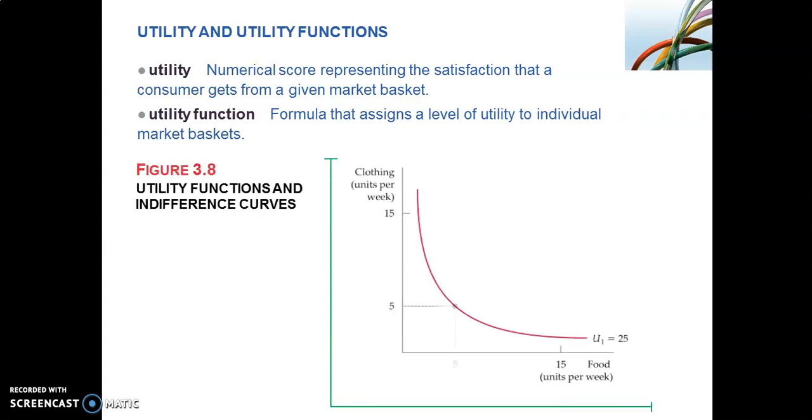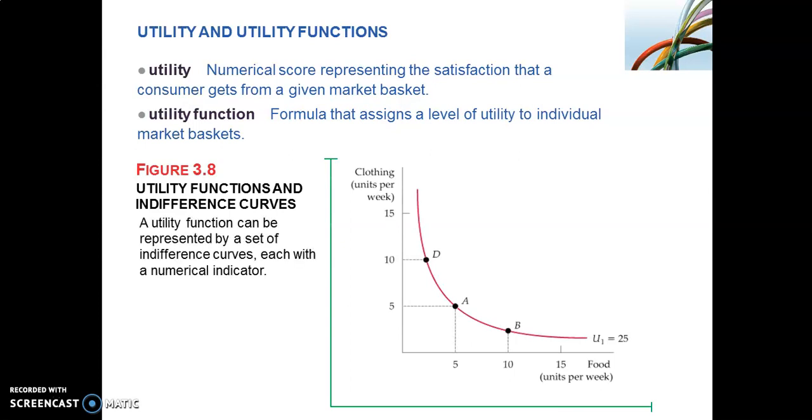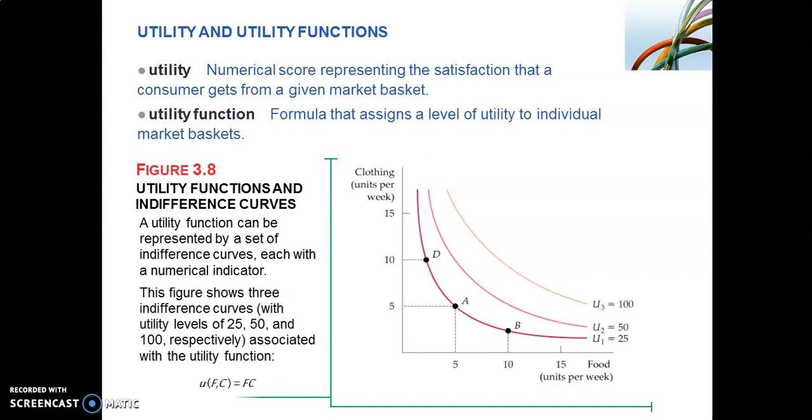Let's have a look at figure 3.8. The particular utility function, let's have a look. The utility function is a function of food and clothing is equal to FC, and it is given by the figure 3.8 as an example. And this tells us that the utility is given by the product of FC consumed.